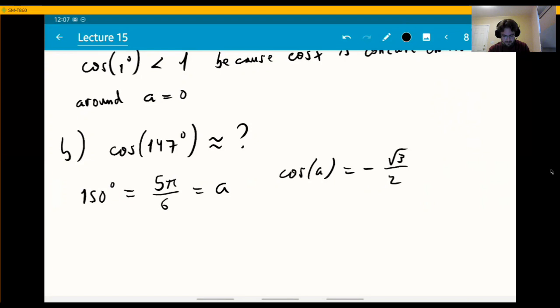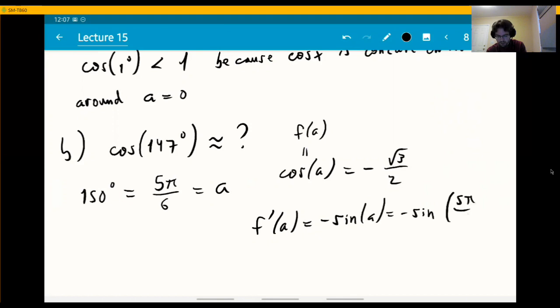Okay, so we have cosine a. That's f of a. Now f prime of a, we already know the derivative is minus sine. So minus sine of 5 pi over 6, or 150 degrees. Sine is positive 1/2, but with this extra minus in front, that becomes negative 1/2. All right, so we have the parameters here.